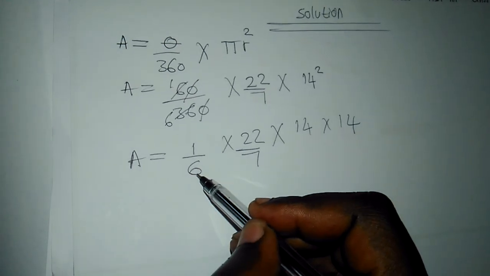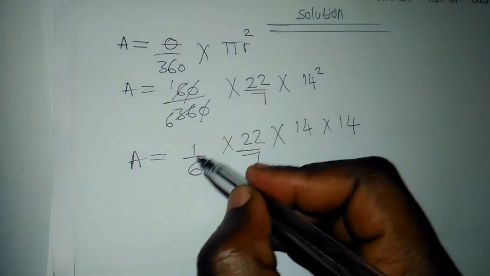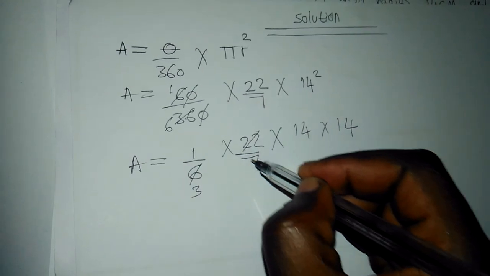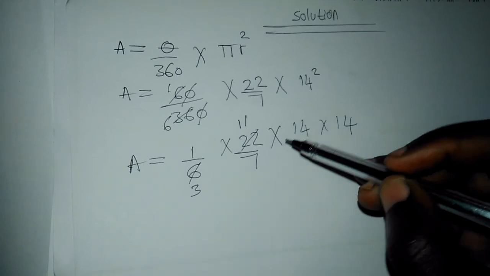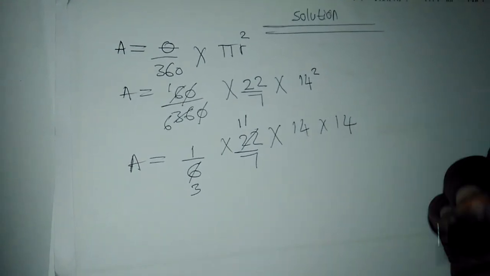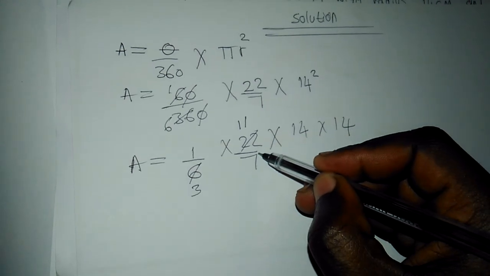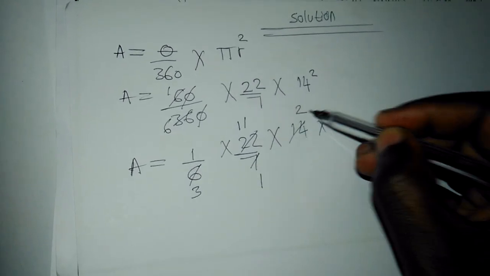Like 6 and 22, we can reduce by 2: 2 into 6 is 3, then 2 into 22 is 11. Again, I have to ask myself if 7 and 14 can be reduced. Yes, they can: 7 into itself is 1, then 7 into 14 is 2.